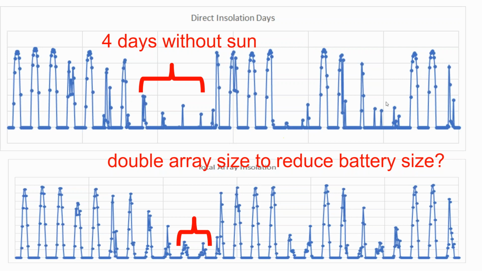For example, this is me charting out the solar production, and what I can see is that if I go through this 4-day period without sun, well, by doubling the size of the solar array, maybe this day is more like a regular day, and this day is not so bad, and so I only go a shorter period of time for when I'm really drawing down on my battery bank.